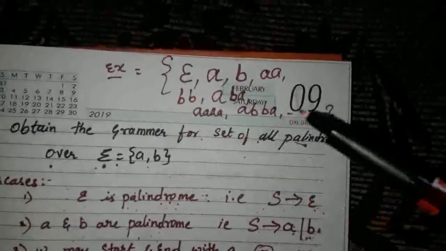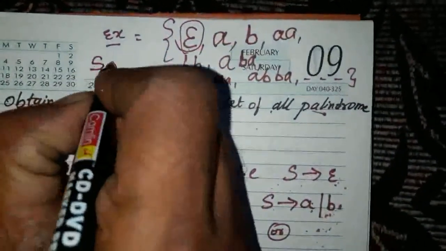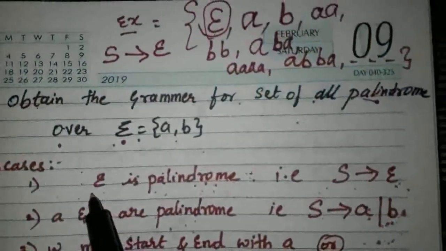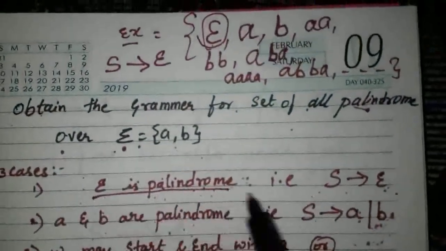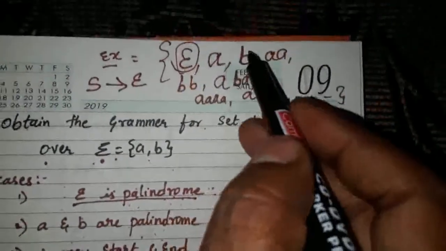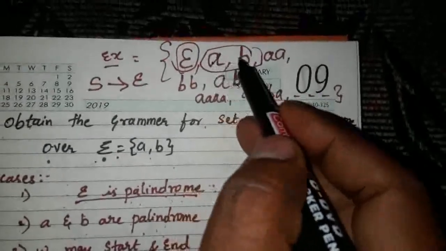So what we do now here is, we'll take the first case where the first production would be S → epsilon. That is the first case. Epsilon is also a palindrome. Now, what is the second case? The palindrome can be either a or b.